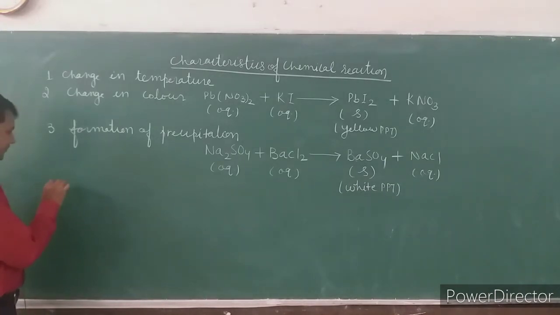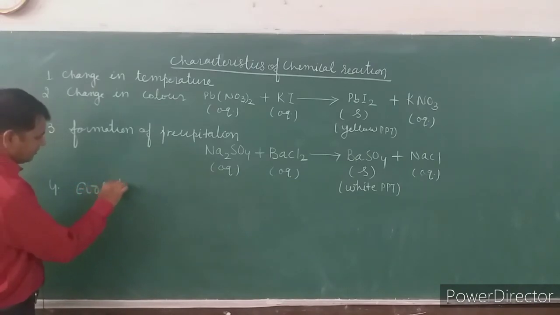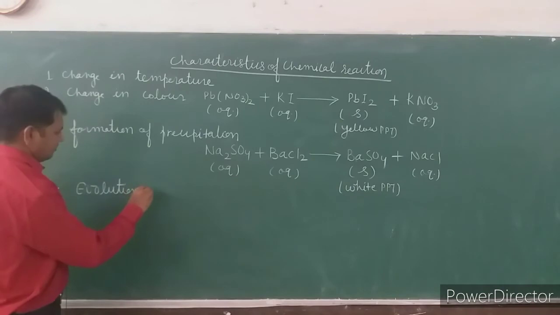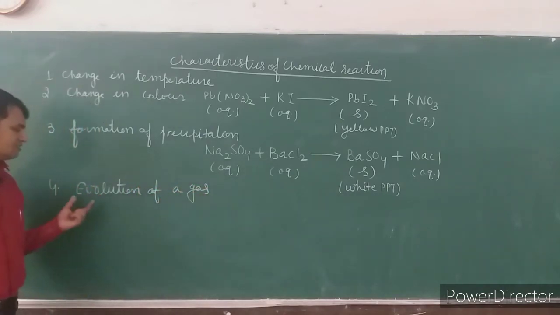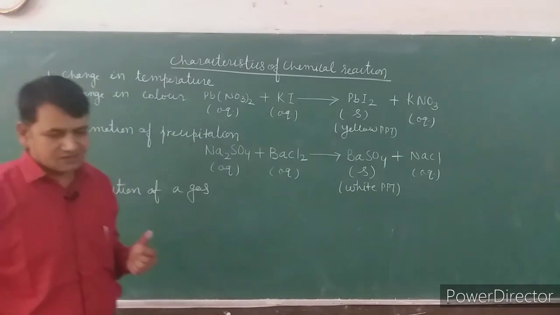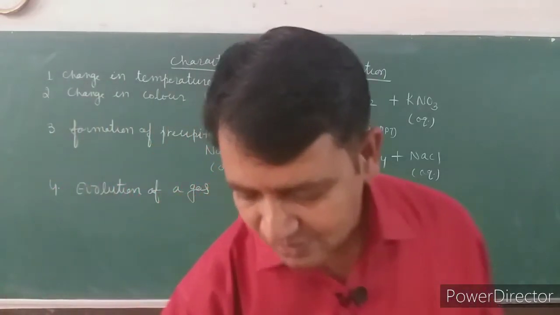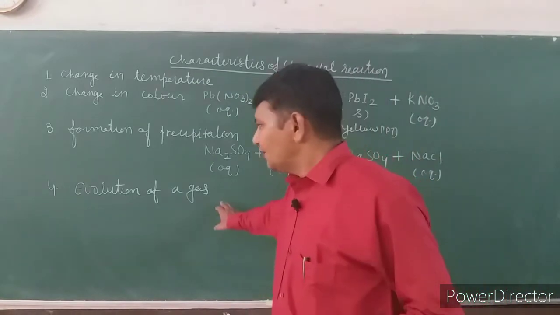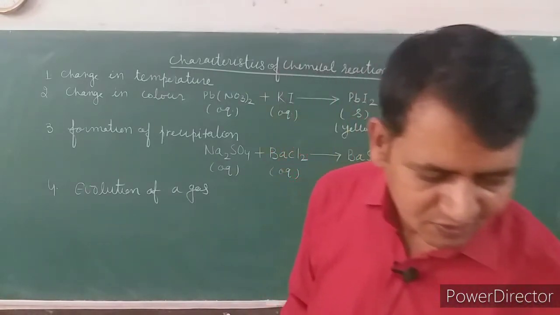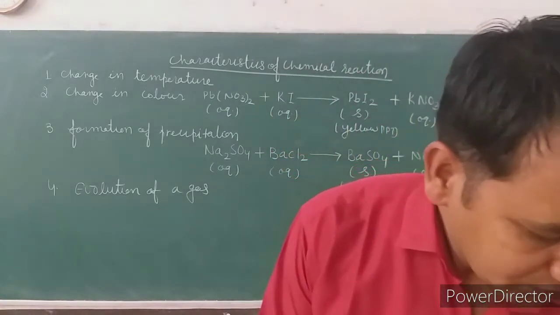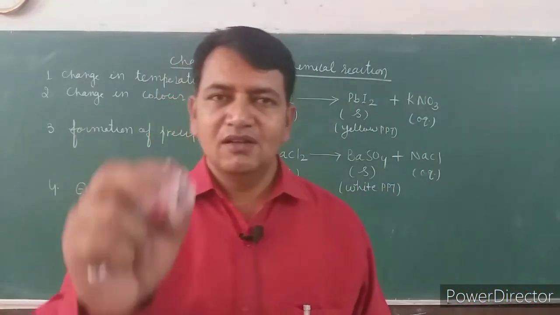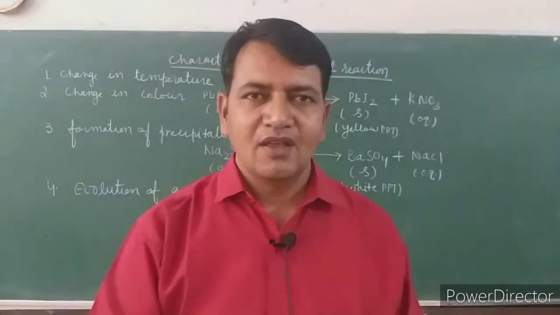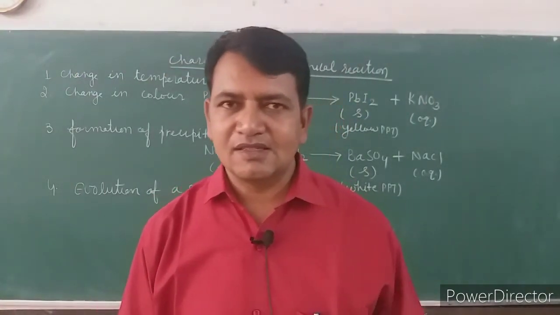Now the fourth, that is evolution of a gas. Evolution means release of a gas during a chemical process. To observe this, we perform a reaction between zinc metal, a small piece of zinc metal, and dilute sulfuric acid.